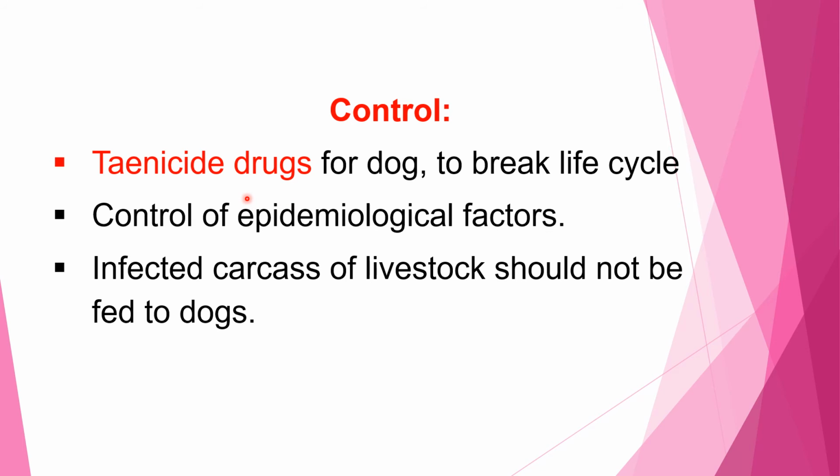The clinician can give taeniacide drugs to the dogs to break the life cycle. For the control of the parasite, control the epidemiological factors. The main thing is that the infected carcass of livestock should not be fed to the dog, to break the life cycle of the animal.